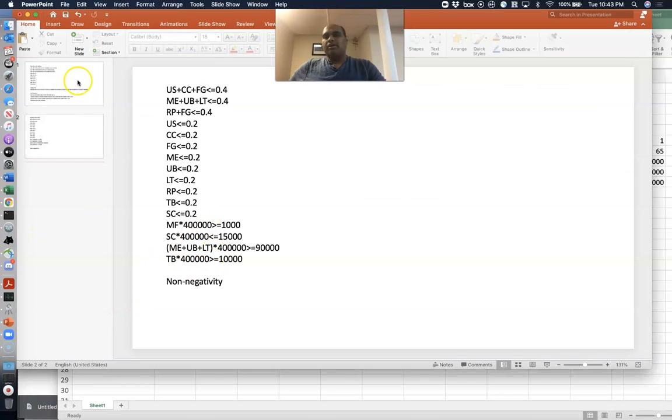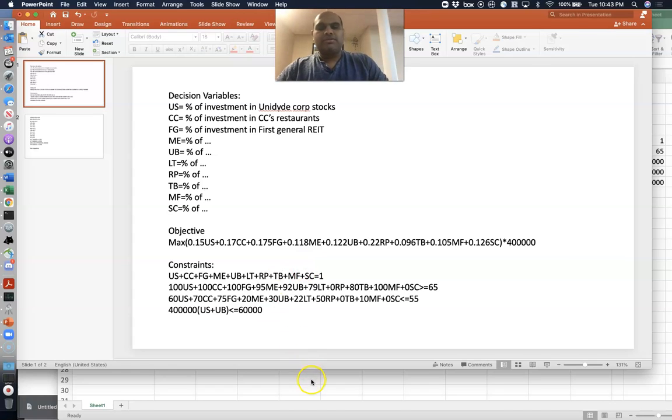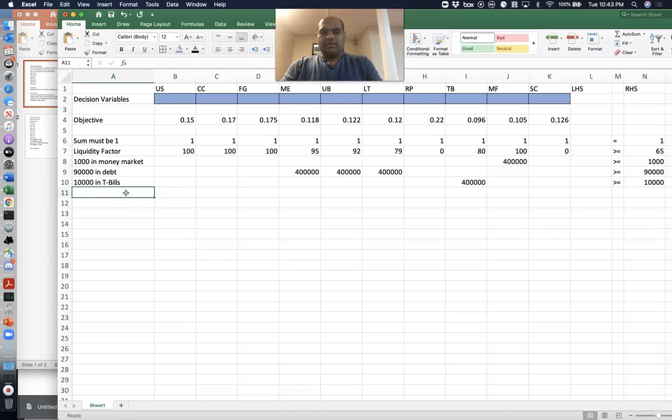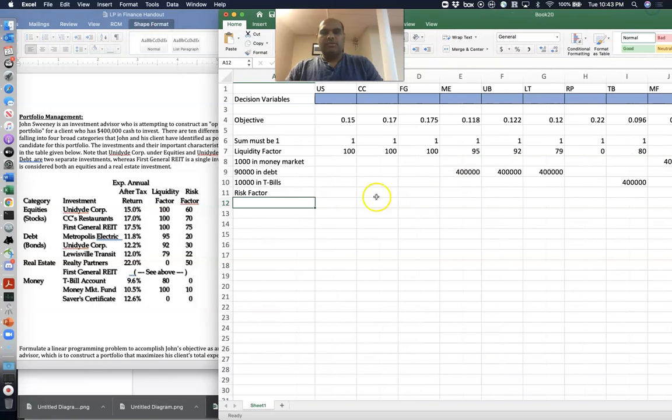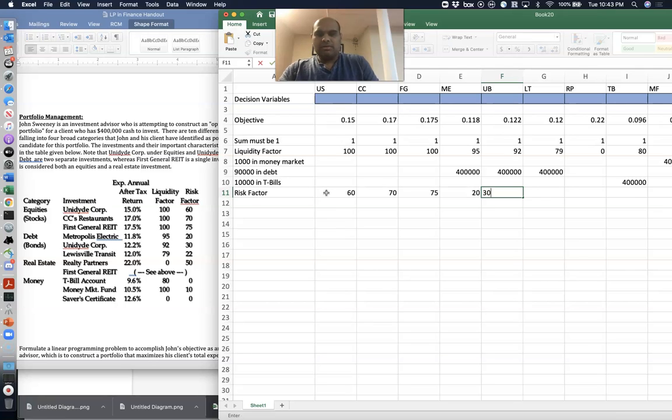Now let's write all the other constraints, which are all less than or equal to constraints. Let's begin with the risk factor constraint. Let's put down the risk factor numbers: 60, 70, 75, 20, 30, 22, 50, 0, 10, 6.